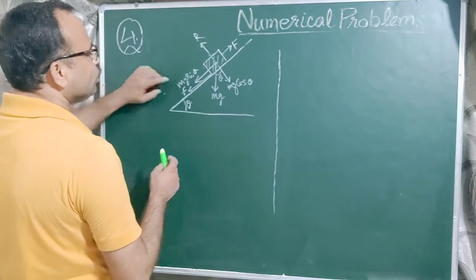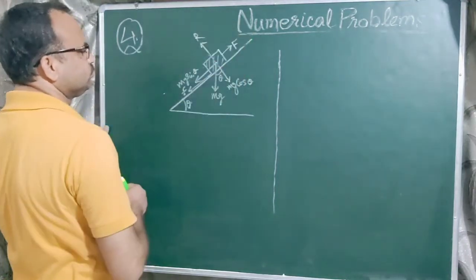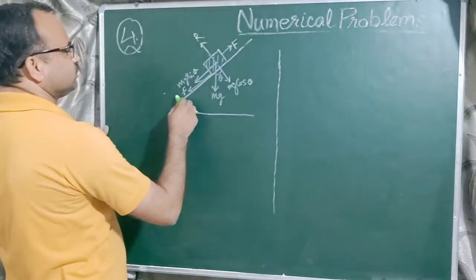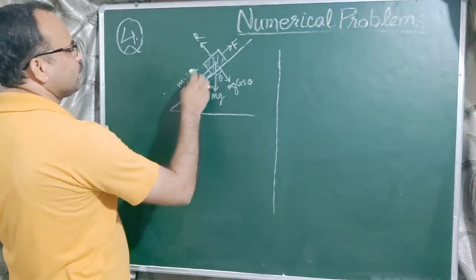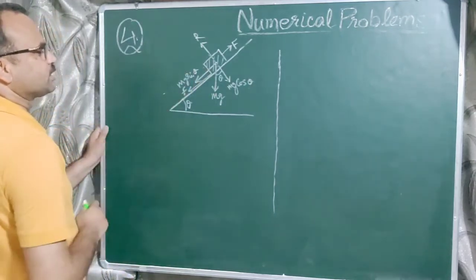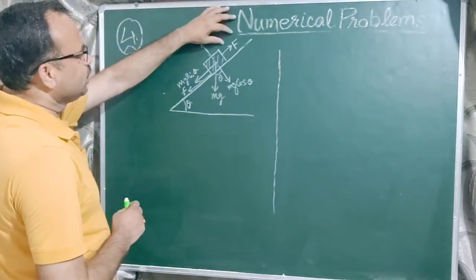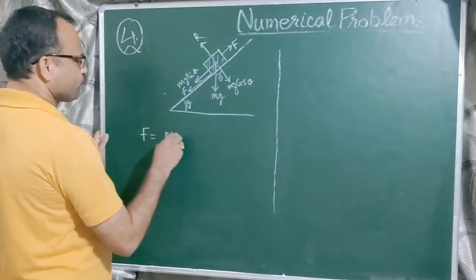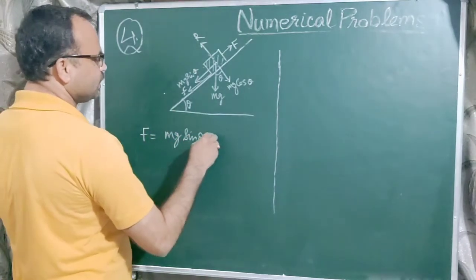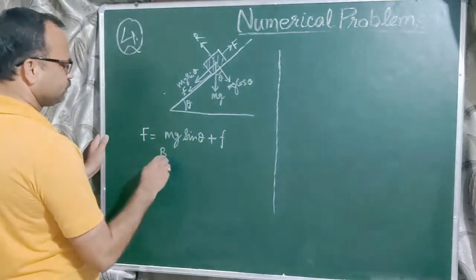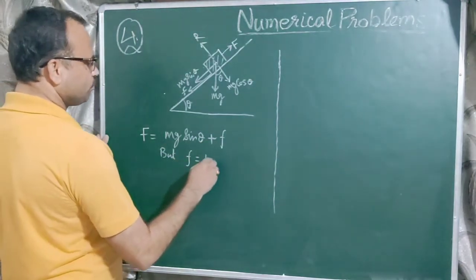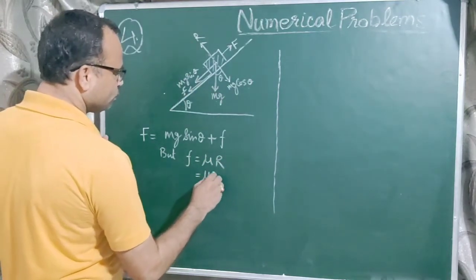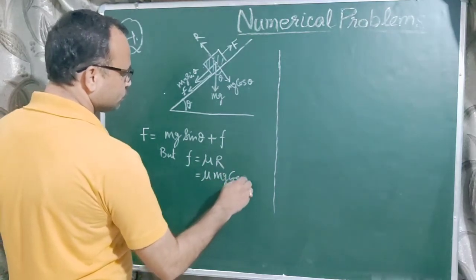So when we pull the body upward, a frictional force is set up along the direction of the inclined plane, that is, in the downward direction. So the minimum force is equal to the sum of these two forces, meaning F equals mg sin theta plus the frictional force, but friction equals mu into R, and R balances mg cos theta, so mu mg cos theta.